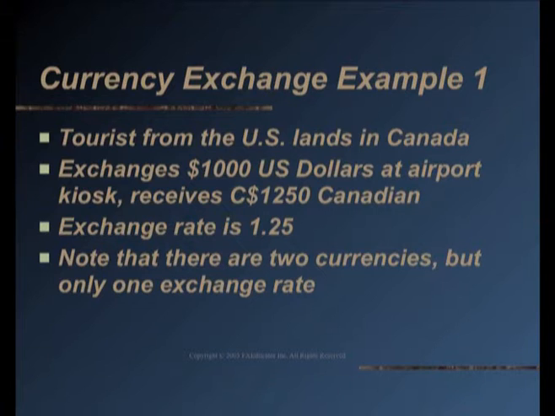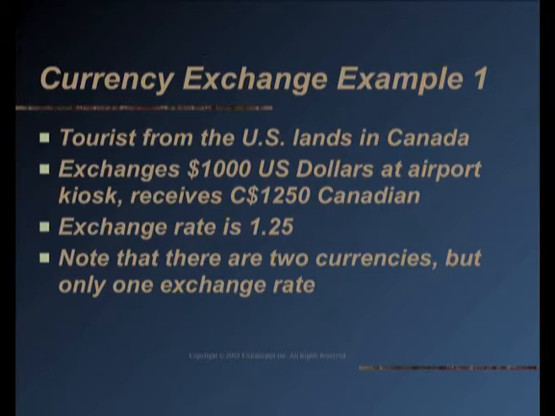For example, let's take a look at how currency transactions in everyday life might occur. Consider this. A tourist from the United States flies to Canada. And when this tourist arrives in Canada at the airport, the tourist takes 1,000 US dollars out of pocket, hands it to the man behind the counter, and receives in return 1,250 Canadian dollars.